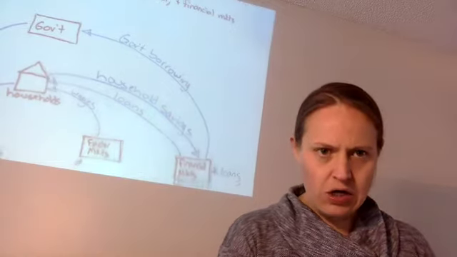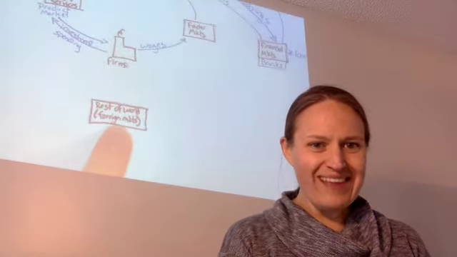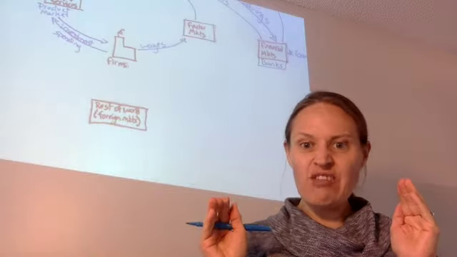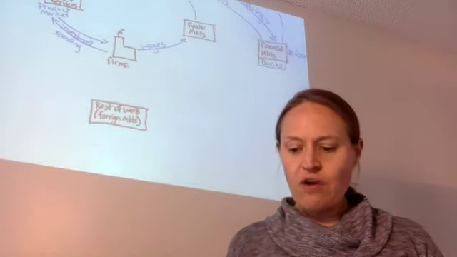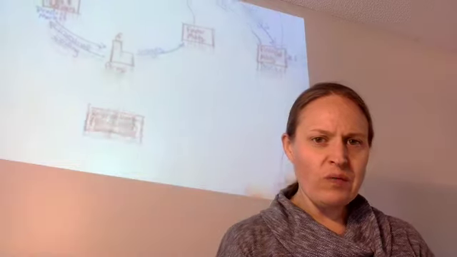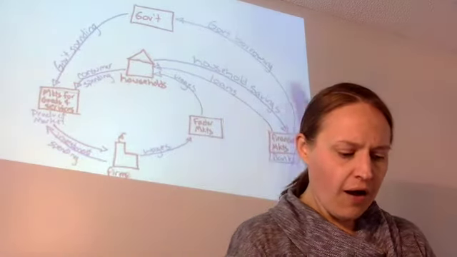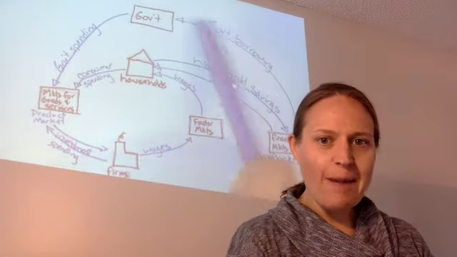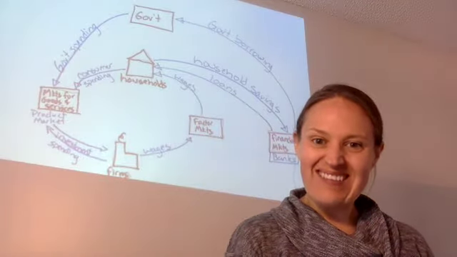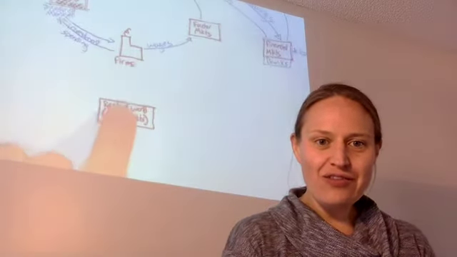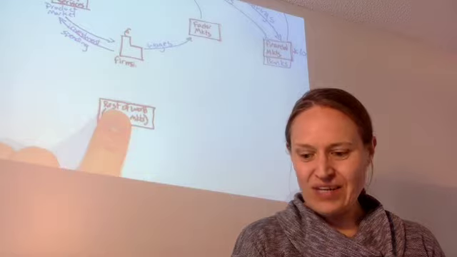Down here, we have something that says the rest of the world, parentheses, foreign markets. So when we think about this circular flow diagram, all of this stuff up here is happening inside the United States, and then the rest of the world would be down here.